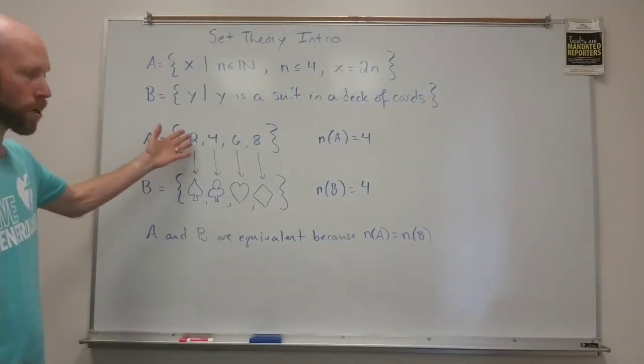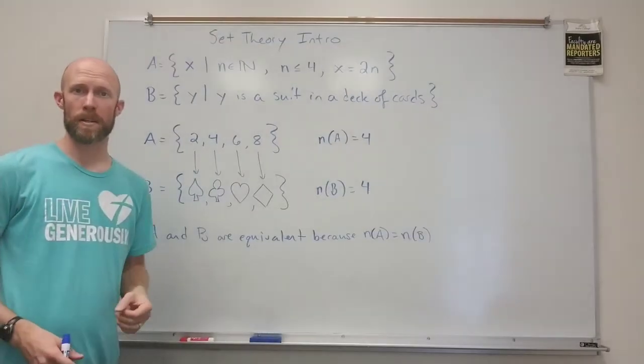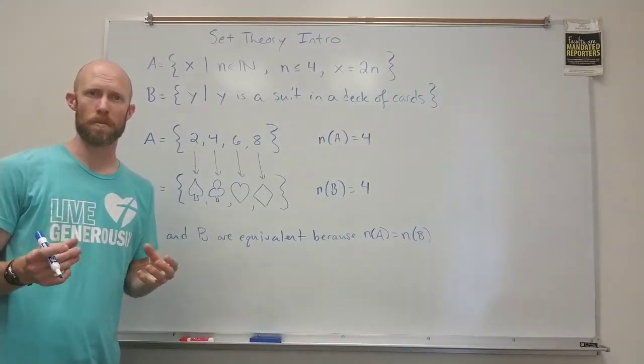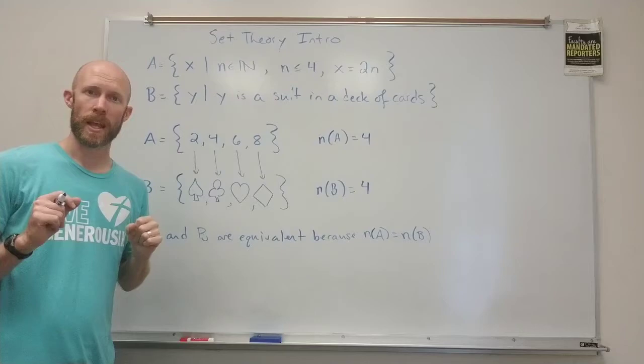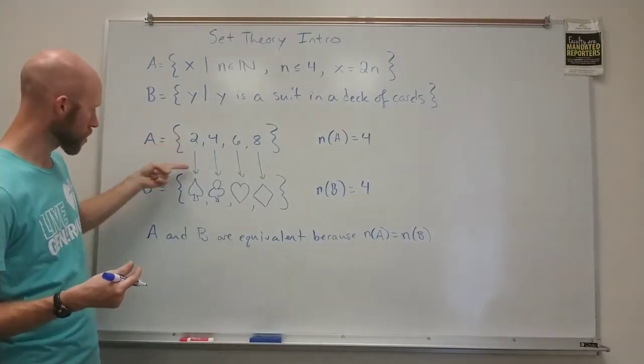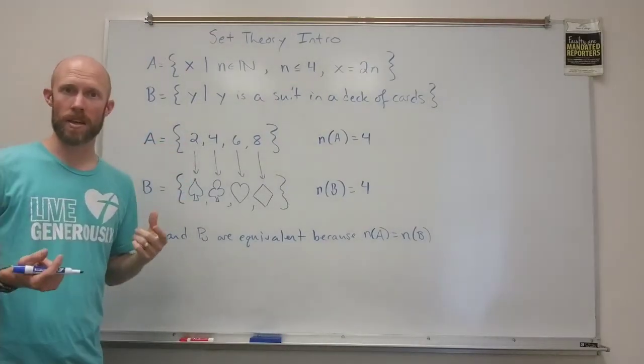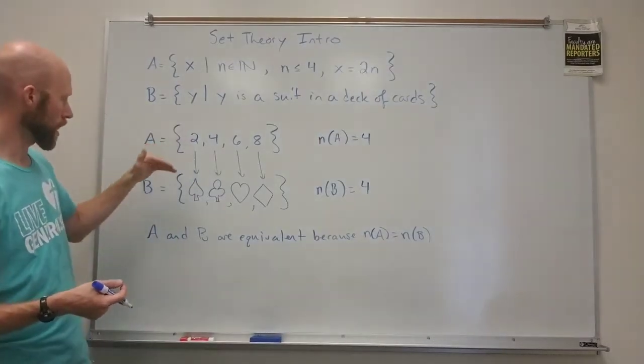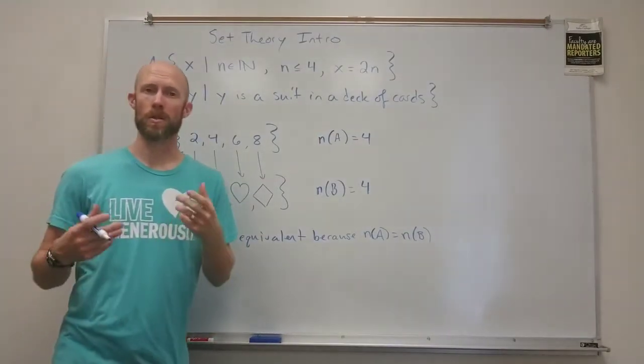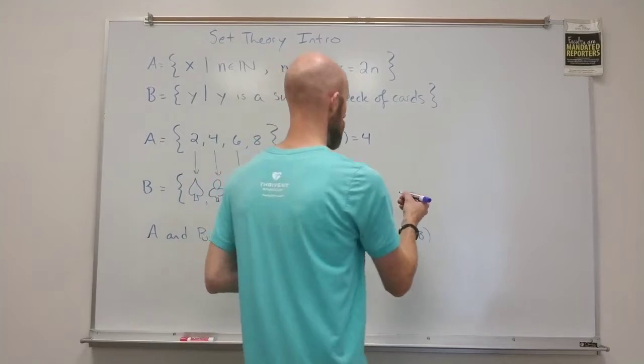And so we have what we call a one-to-one correspondence. A correspondence is just a relationship where you link them together, and one-to-one means there's one from each set linked together, okay? So there's one from set A matched with one from set B. So it's a one-to-one correspondence.